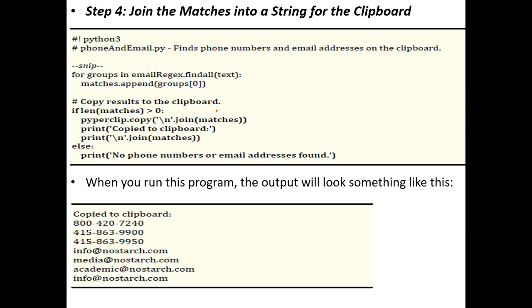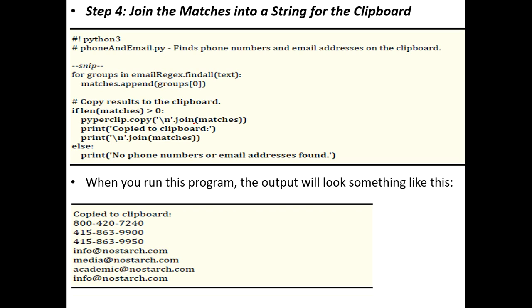So for that purpose, we are going to call the join method on matches. In that case it will make a single string, and once it makes a single string, it will be copied to the clipboard.